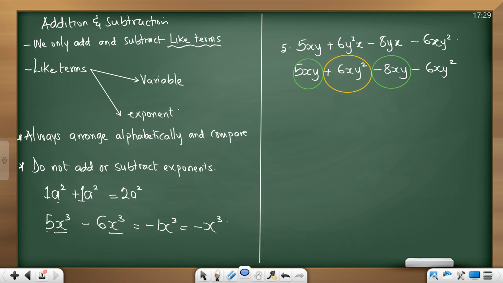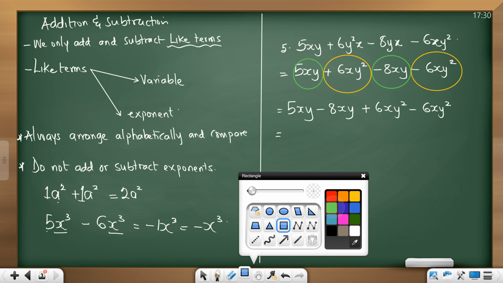Then you have xy squared and xy squared. So if I pick the green ones, what do I have? 5xy minus 8xy plus 6xy squared. Beautiful.